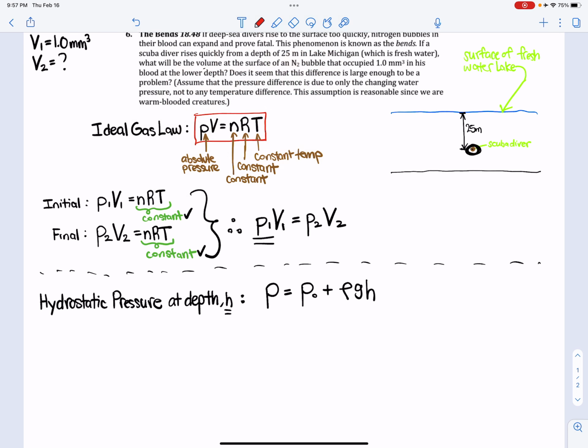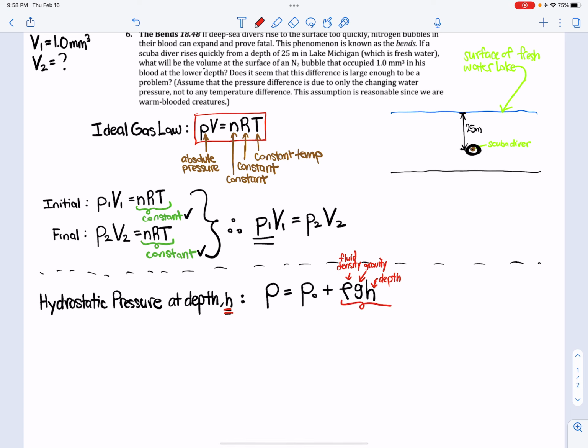And I'll just mark down what rho is. So rho is density of the fluid. g is gravity, okay? And H is depth, right? That's the given depth.